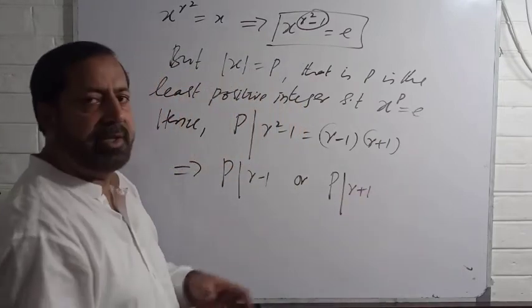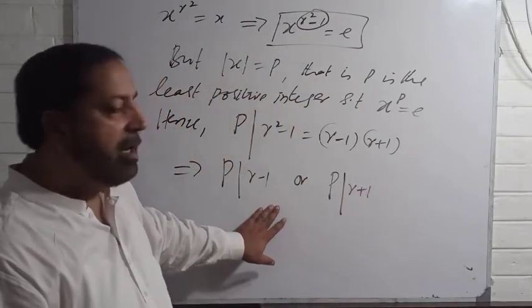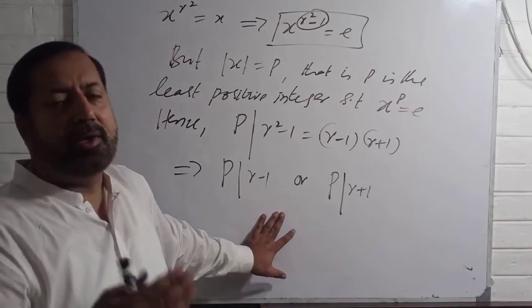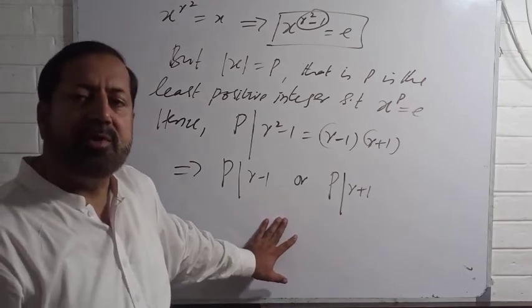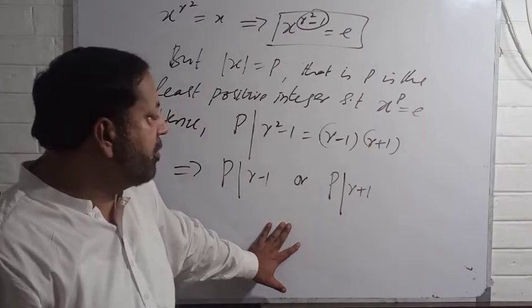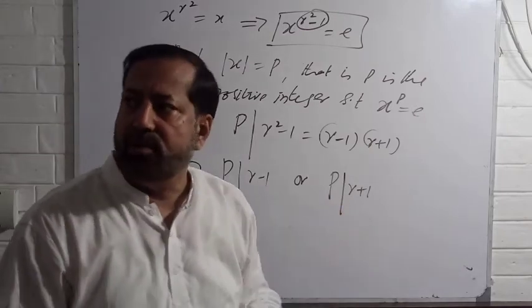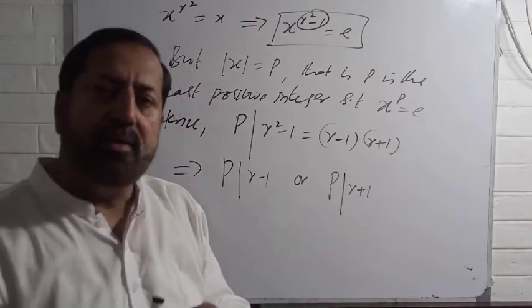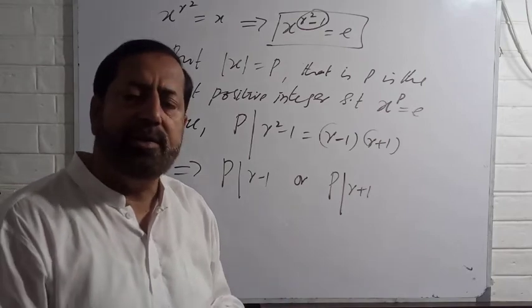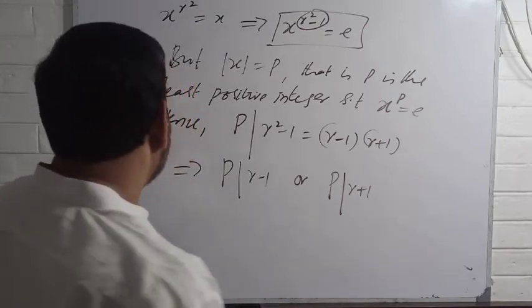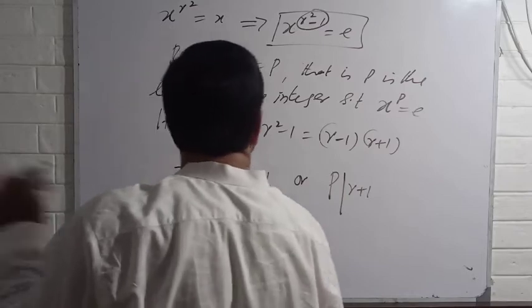Now these are the two cases, and I shall show that these are the two possible cases. One will generate the cyclic group C2p, and the other will generate the dihedral group of order 2p, Dp. This is Dp, right?